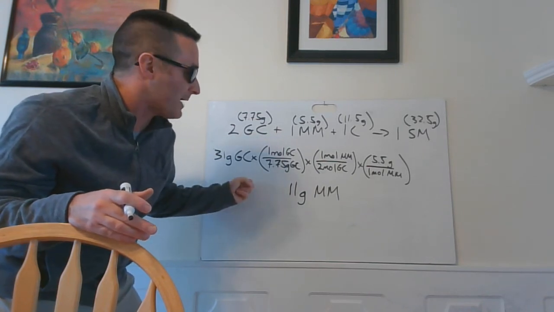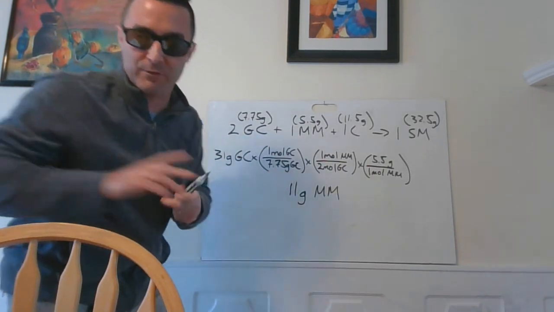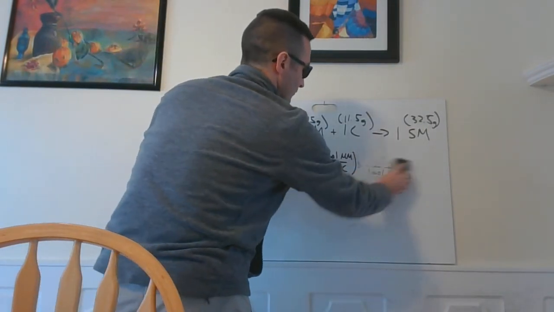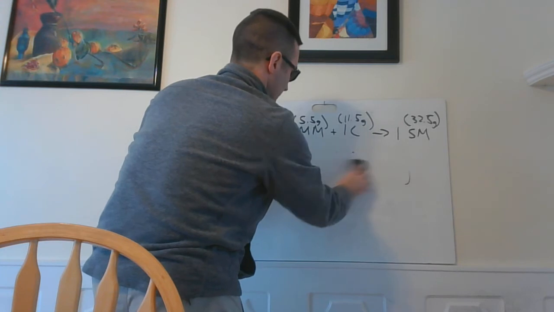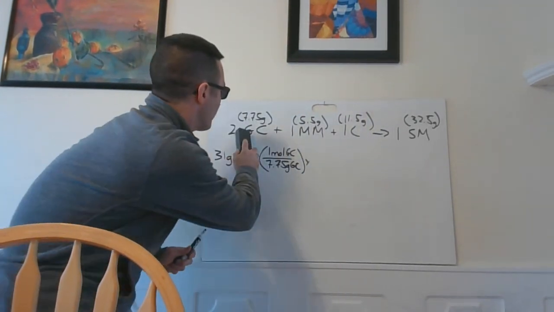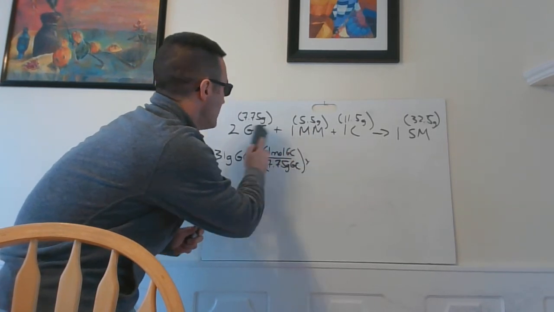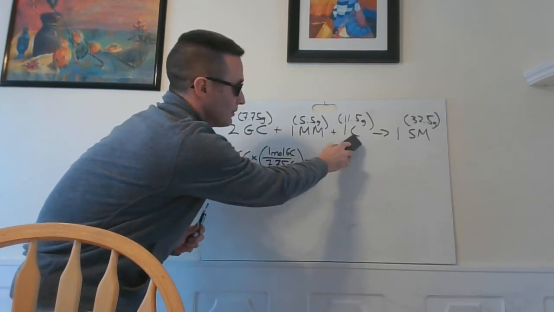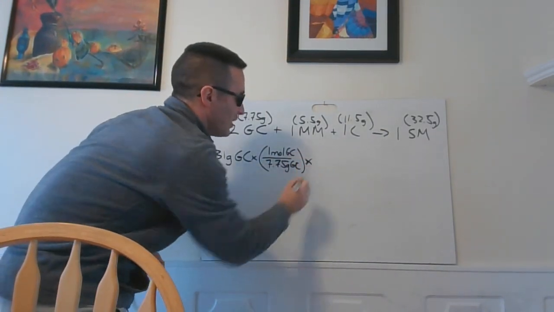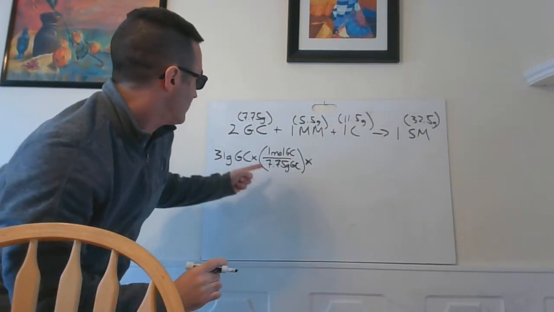So let me get rid of some things: the marshmallows, this, and this here. So this time, instead of going from graham crackers to marshmallows, I'm going from graham crackers to chocolate.